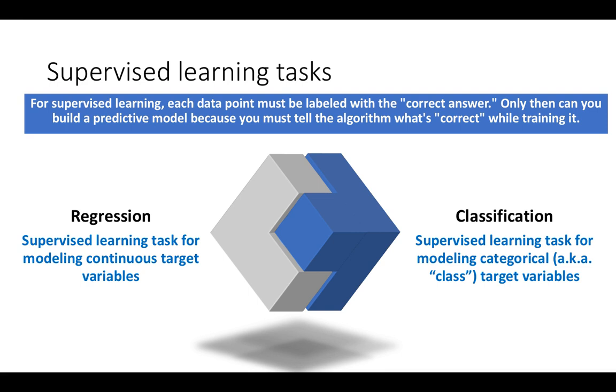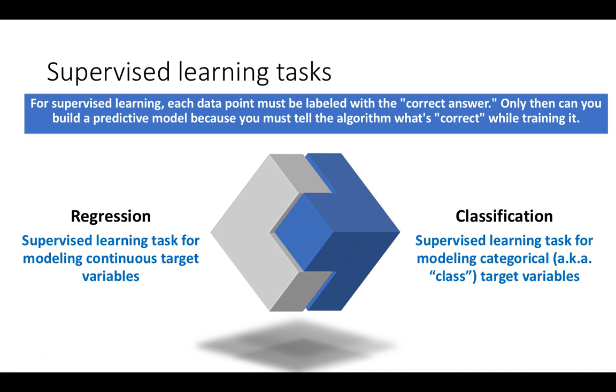So one is the regression problem, we call it. It is the supervised learning task for modeling a continuous target variable. If the nature of your target variable is a continuous numerical value, then we perform a task called regression. There is a set of algorithms that help you do this regression task.